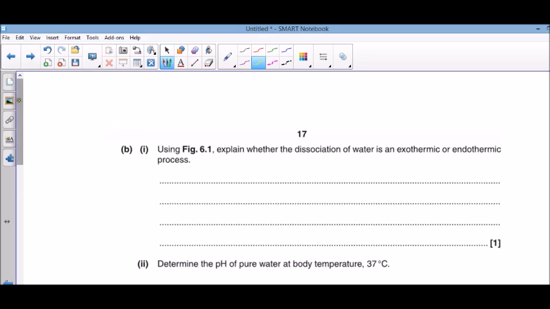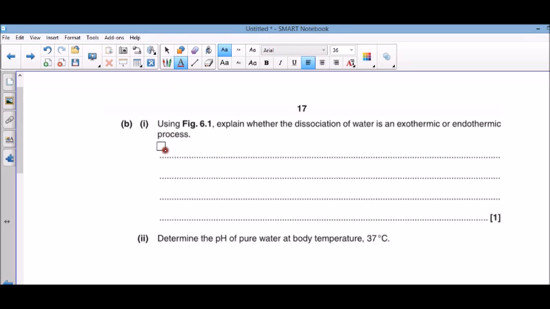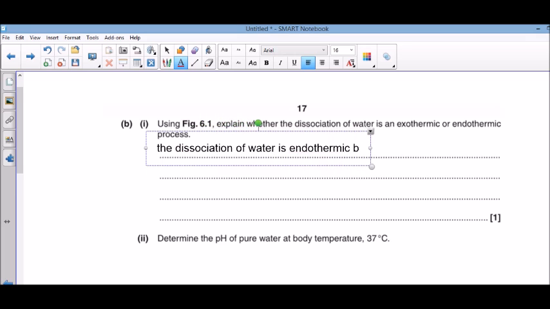So let's go and explain that over here. So we can say that the dissociation of water is endothermic because Kw increases with temperature.